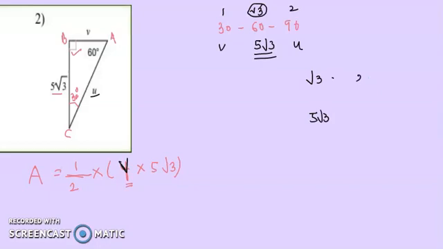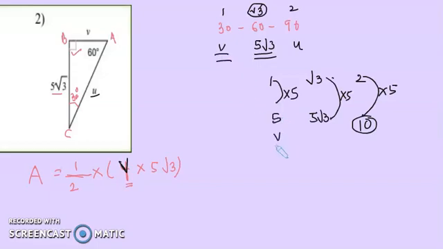Now here it is 2 and here it is 1. So this is 5 times. 5 times √3 is 5√3. So 2 times 5 will give you 10, which is U, and 1 times 5 will give you 5, which is V.